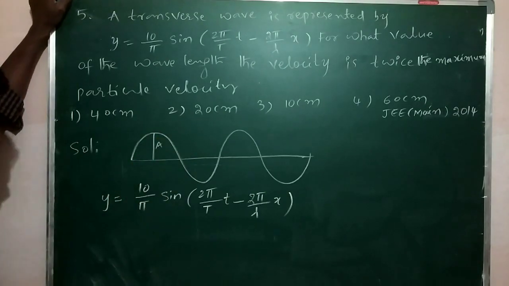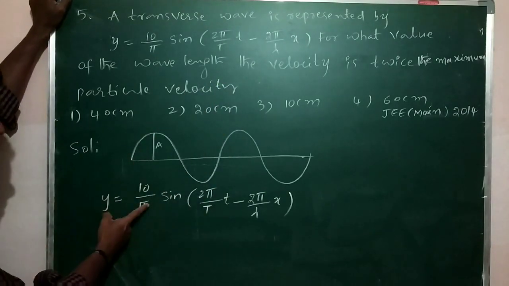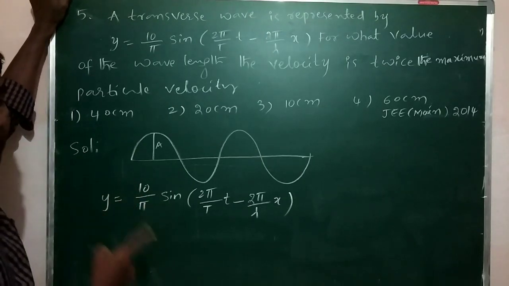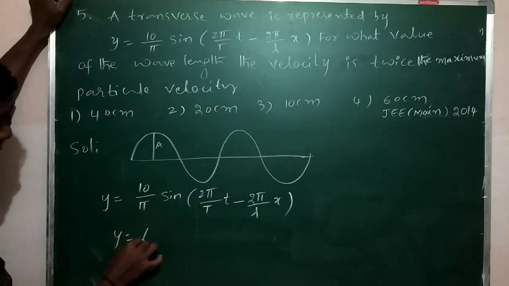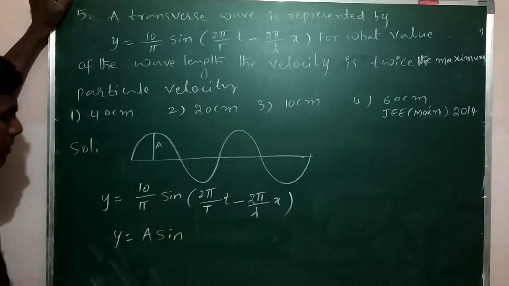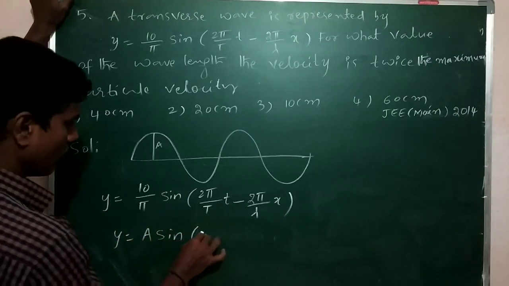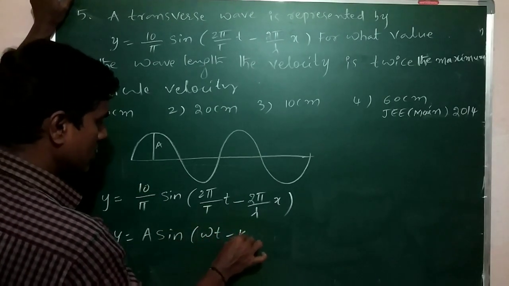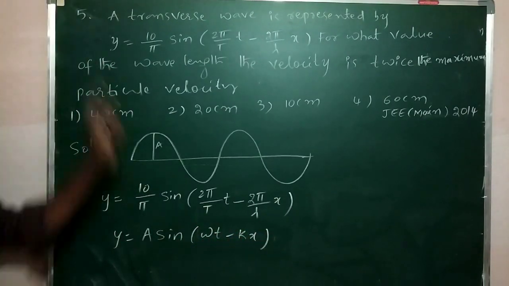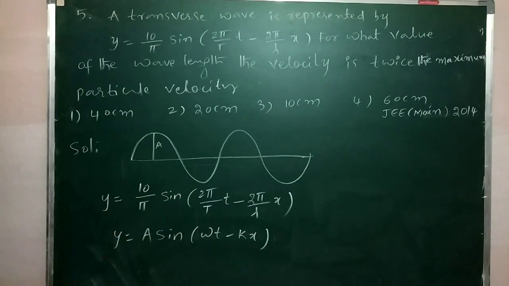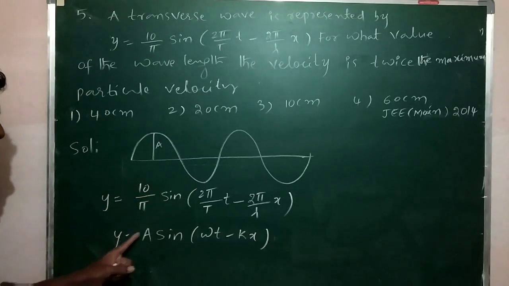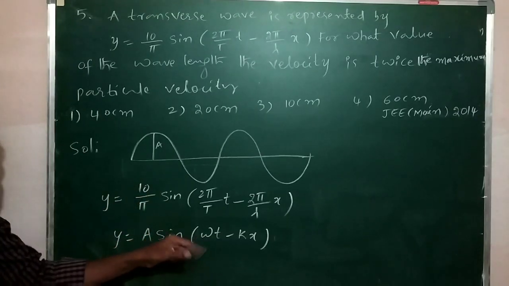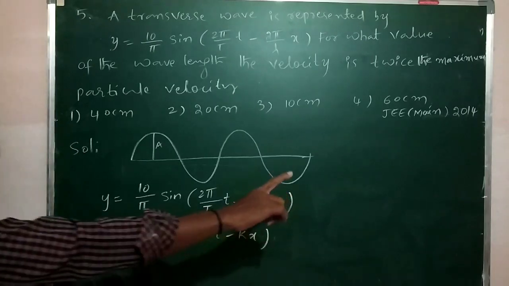Now this equation is compared with y equals a sine of omega t minus kx, which represents a wave moving along the positive x direction.